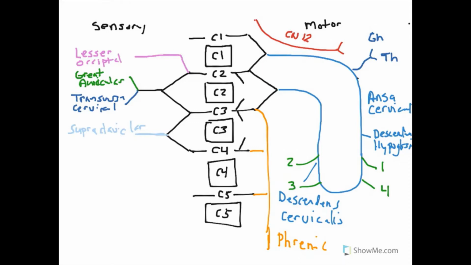Now, I did say I wanted to come in and put a couple things here, and I'm going to put a letter A here and a letter B here. Letter A, and I'm just going to box it in right here. This is not to be confused with sensory, but letter A represents a nerve that goes to the sternocleidomastoid muscle.